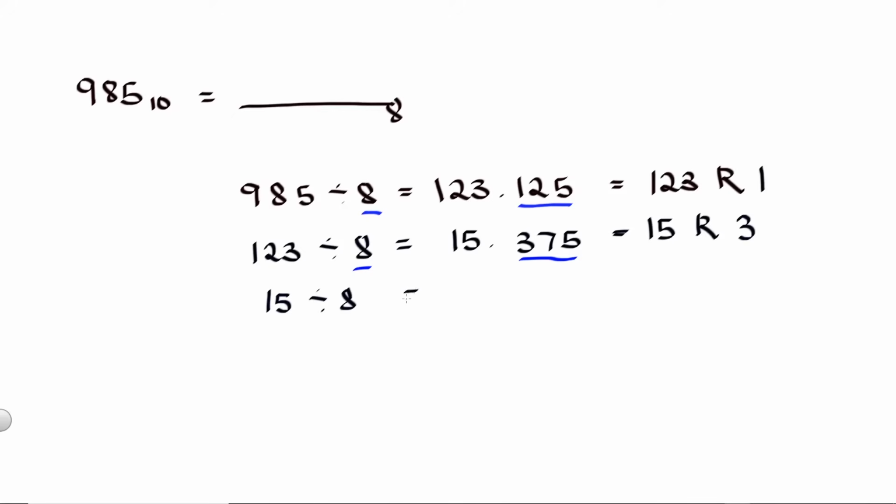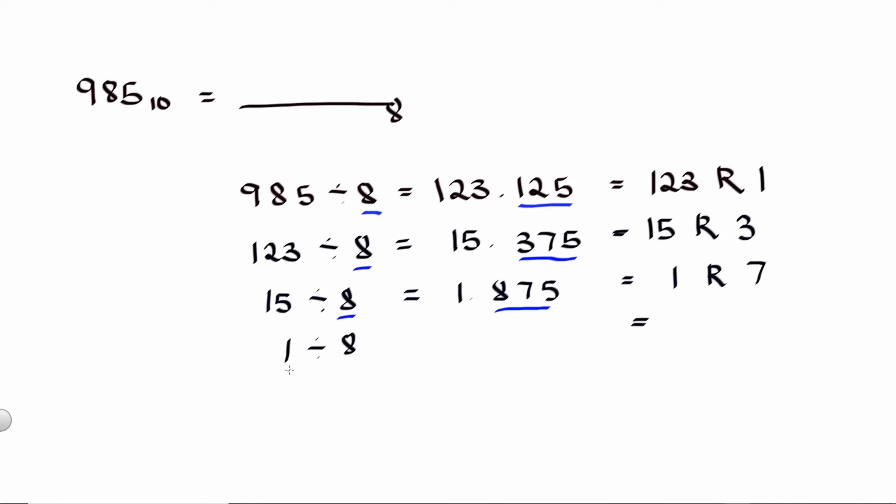Then we take 15 and divide it by 8. So 15 divided by 8 is equal to 1.875. So this is 1. And for the remainder, we're going to multiply 0.875 by 8, and it will give us 7. So 1 remainder 7. Then we take 1 and divide it by 8.